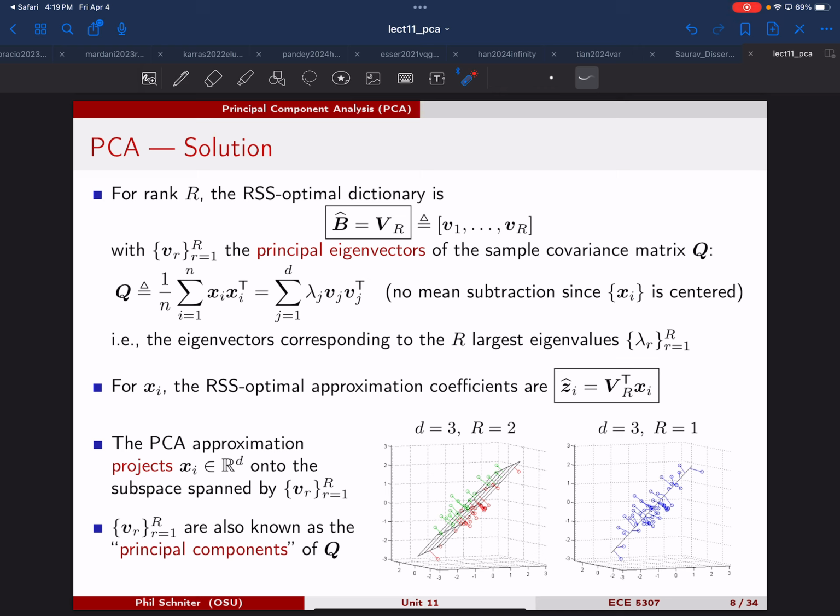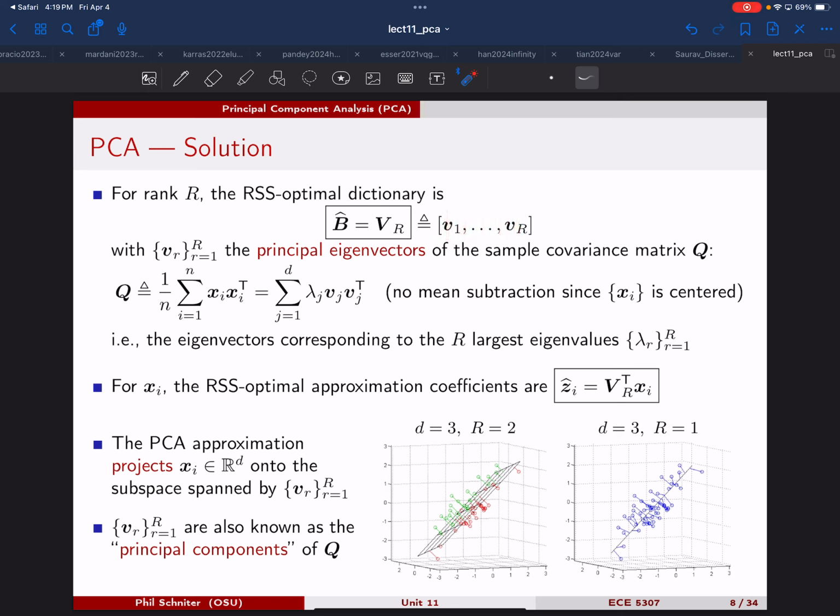So basically, it turns out that the way that you select the optimum dictionary, which we'll call B hat, is you can construct it by taking what are called the principal eigenvectors of the sample covariance matrix and stacking them in columns of a matrix.